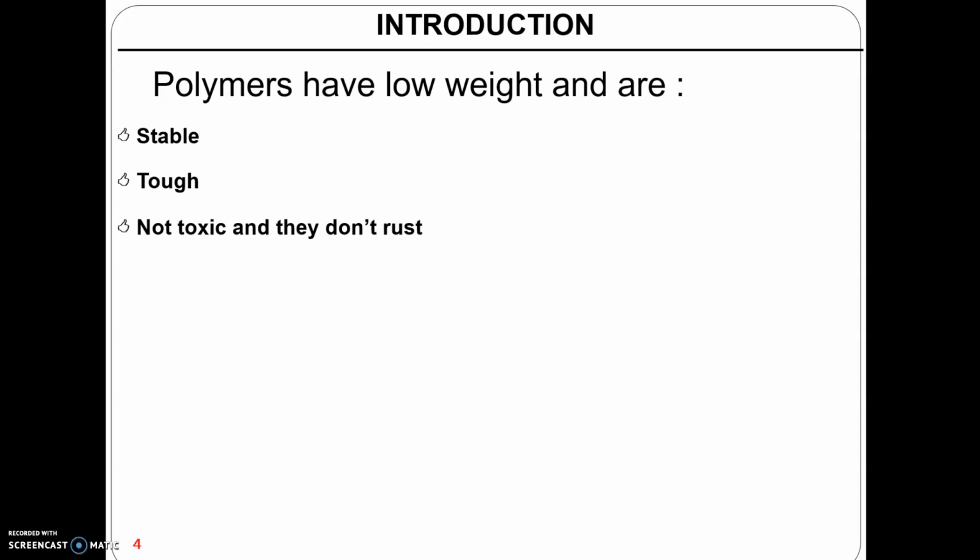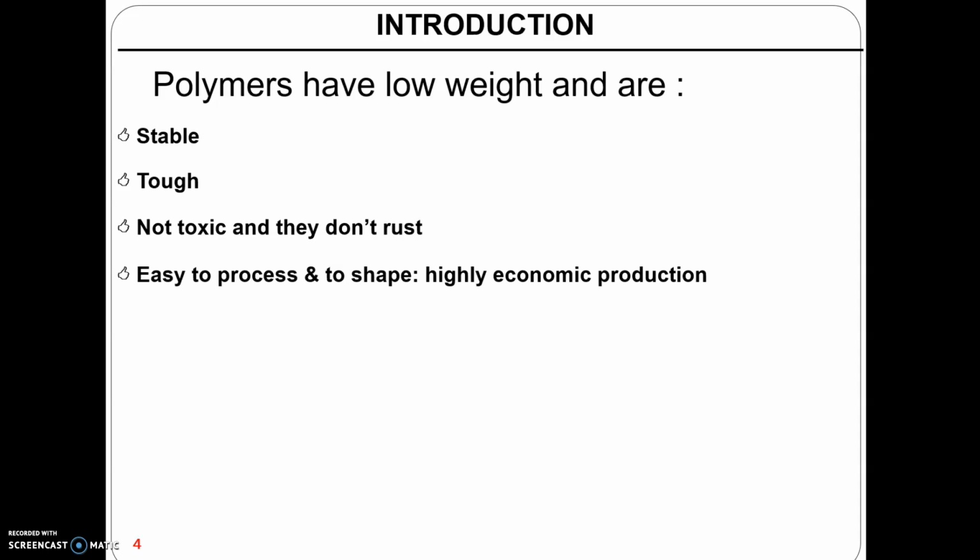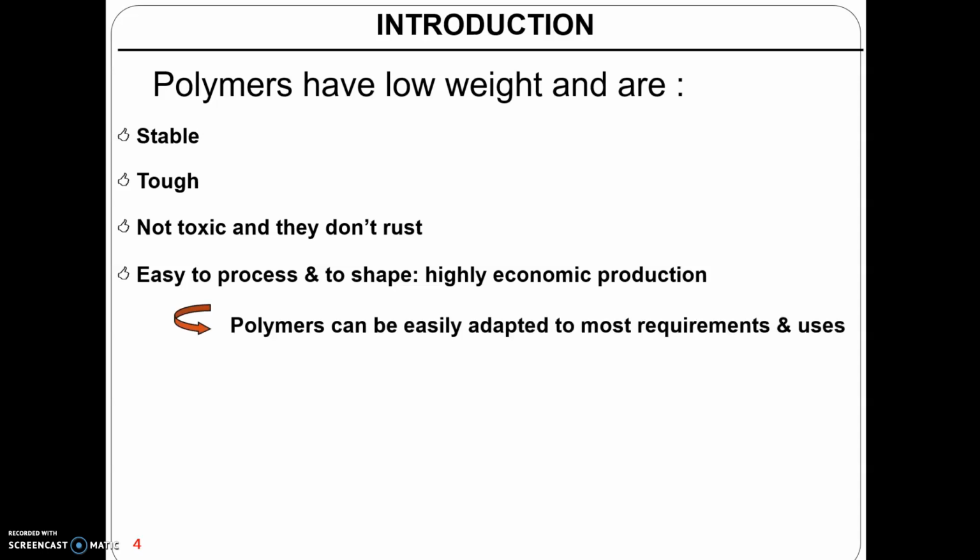So if we go back to our slides, moreover to what I have mentioned concerning the low molecular weight of polymers, their stability, they are tough, not toxic, they don't rust. The production of polymers is highly economic because these materials are very easy to process, to shape, and even to dye.